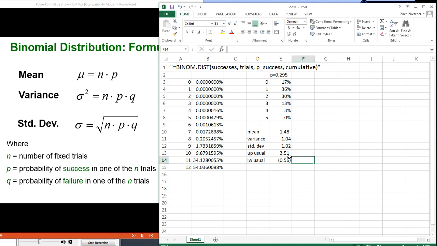But 0, 1, 2, and 3 hits are within the range for the rule of thumb. So right in here is what we would expect on a normal day with a batter with a .295 batting average. This would be unusual because it's greater than 3.5.